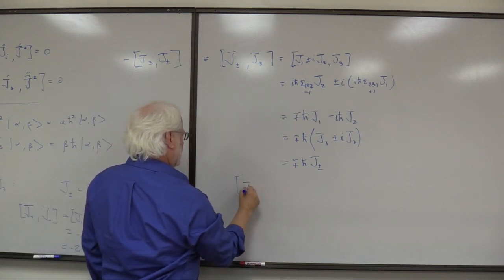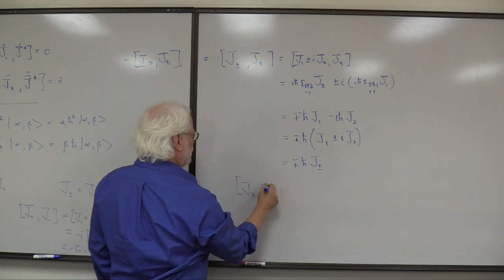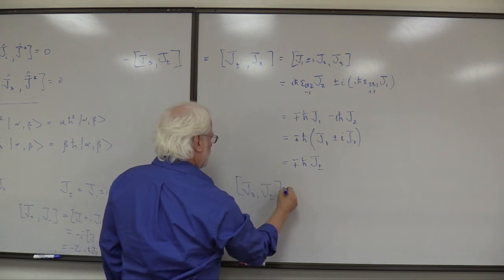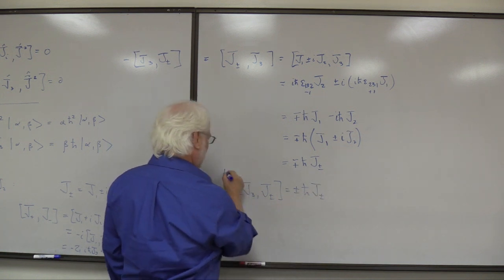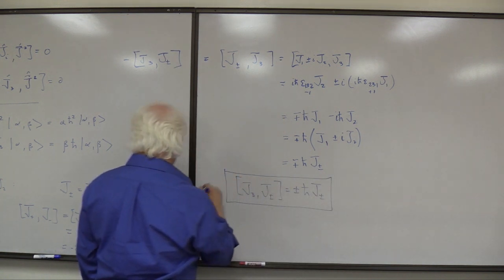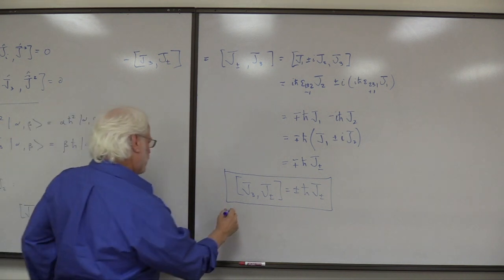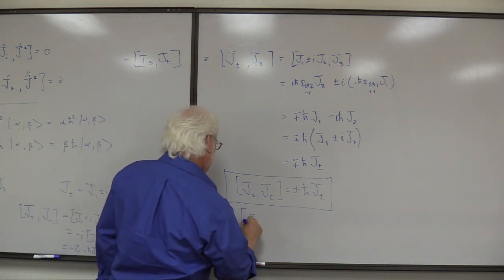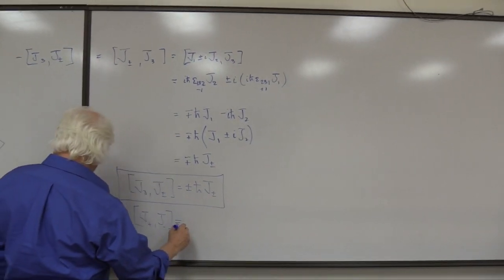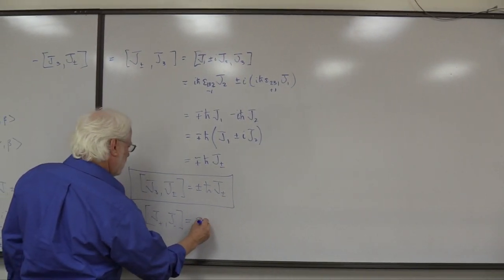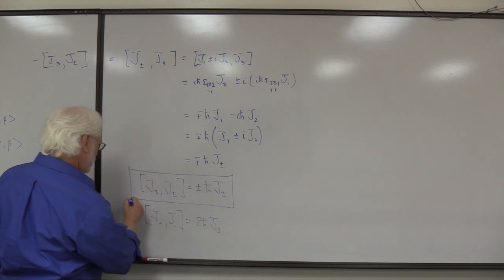Let's write J3 with J plus or minus: plus or minus h bar J plus or minus. There we go. That's right. And then the one we got over here, J plus with J minus, is twice h bar J3.